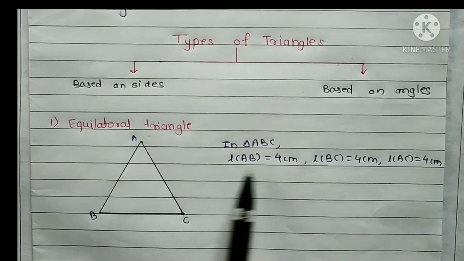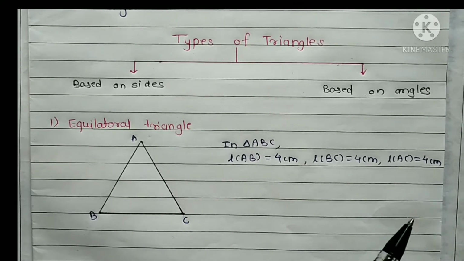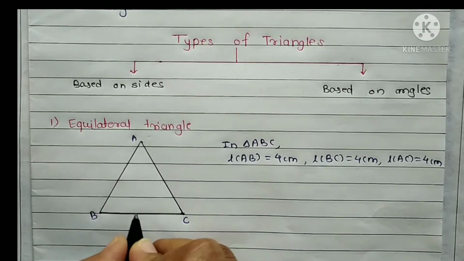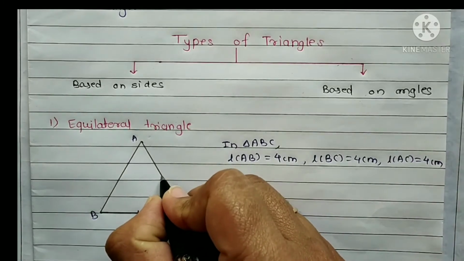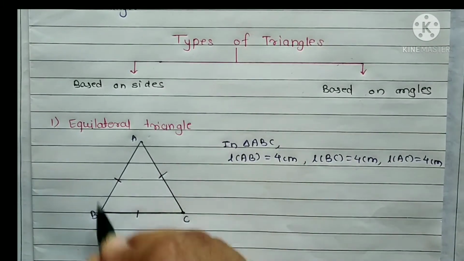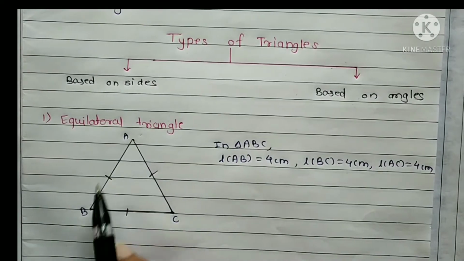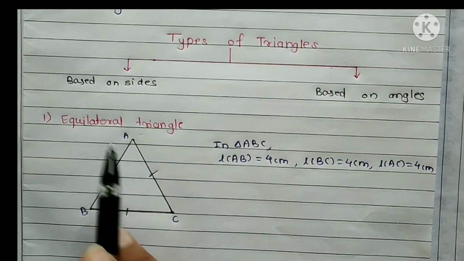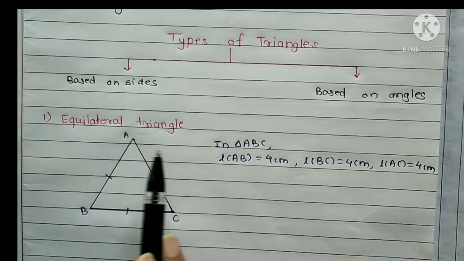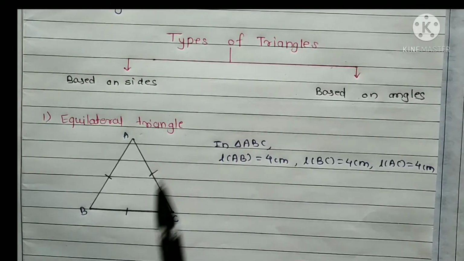That means here length of each side is 4 cm, and you know that to show they are equal we put the same mark on each of the sides. This is an identical mark on each side. All three sides are equal. Such triangles are called equilateral triangle. Remember that all sides have to be equal.